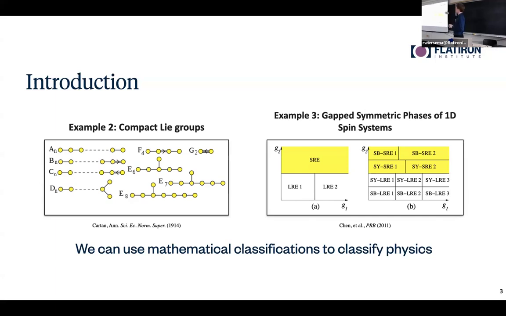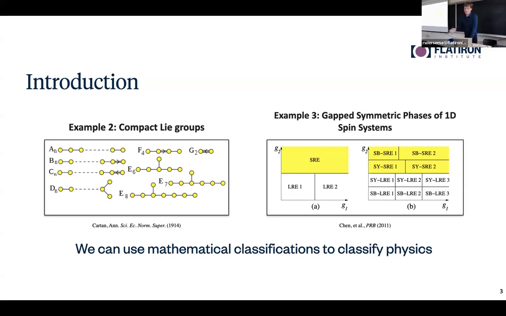But it basically relied on the work by Cartan from 100 years ago. The main point here is that you can also use mathematical classifications to bound physics. You can draw a circle around a type of physics that we can possibly see, because we know that these are the possible types of continuous symmetries that can exist. And this is kind of the main inspiration for this work.